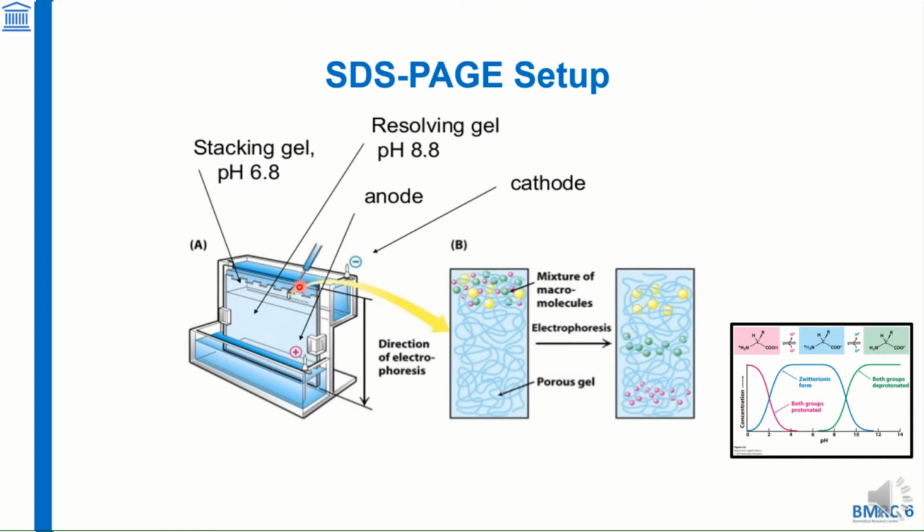Once a negatively charged protein is loaded here, the protein moves from cathode towards the anode in this direction. And the protein pH is far above 7, which is a sharp contrast to the pH of the stacking gel, which is 6.8. This sharp difference in pH between the protein and the stacking gel creates a strong ionic pull of the protein into the porous gel, and this will allow the protein to migrate for about 1 centimeter before hitting this lower environment, which is about 8.8 in pH.